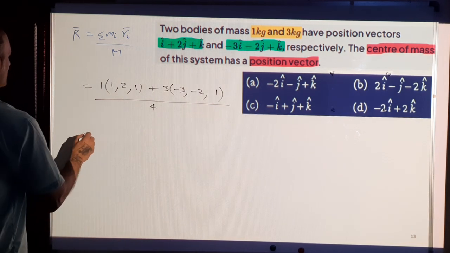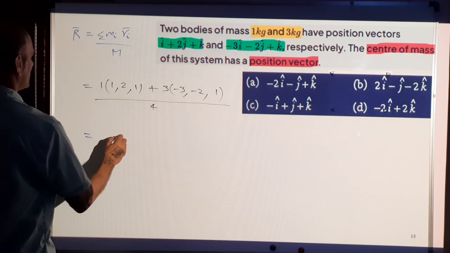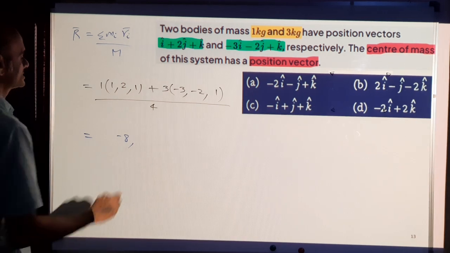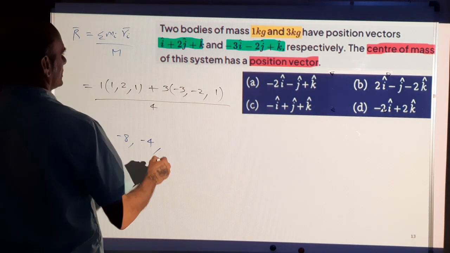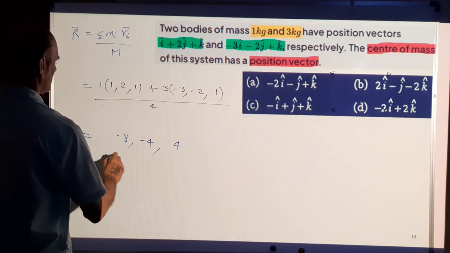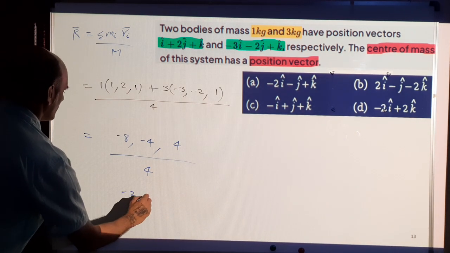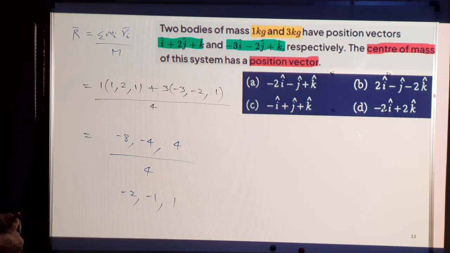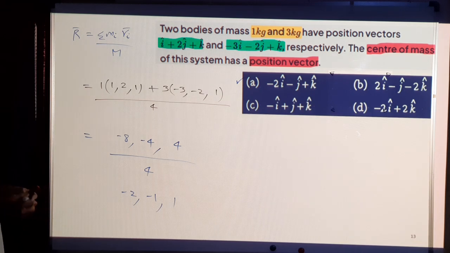So i cap terms will combine: minus 9 plus 1, minus 8. j cap: 2 minus 6, minus 4. k cap: 1 and then 3 plus 4. Divided by 4, which is minus 2, minus 1, 1. So minus 2 i cap minus j cap plus k cap. This option is the correct answer.